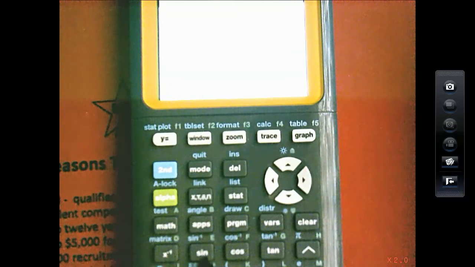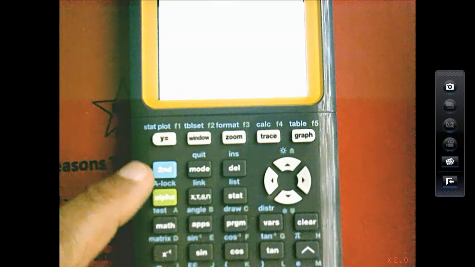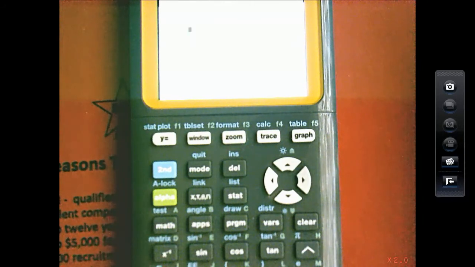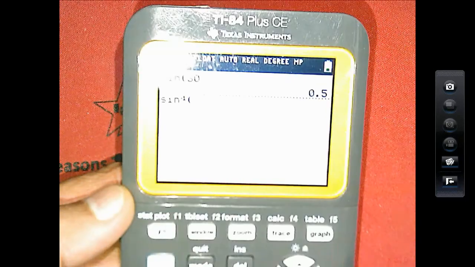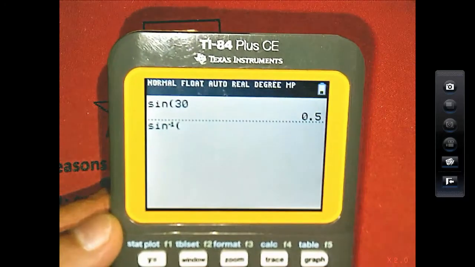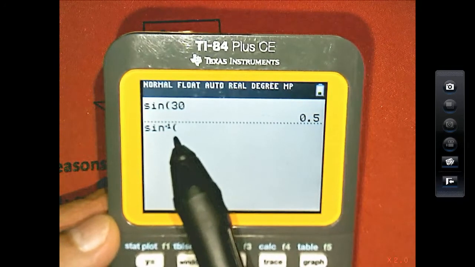So if you want to compute inverse sine, then second followed by sine. Then you see that when you press second followed by sine, -1 comes in the exponent form.